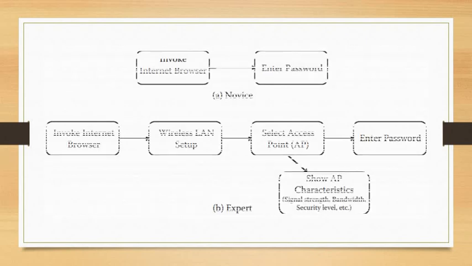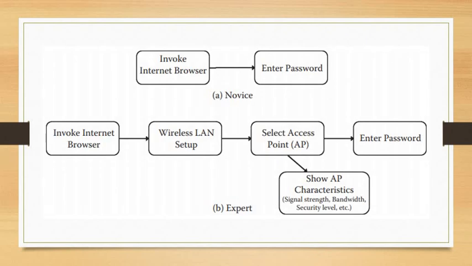So, to give you an idea, so ito po, meron tayong diagram. So, dito sa A is yung novice. Pag sinabi novice, parang beginner pa lang siya dun sa paggamit ng system niya. So, halimbawa, example, magpapalit lang ng Wi-Fi password. So, sa novice, ang nakalagay dito is nag-access siya ng nag-invoke internet browser.